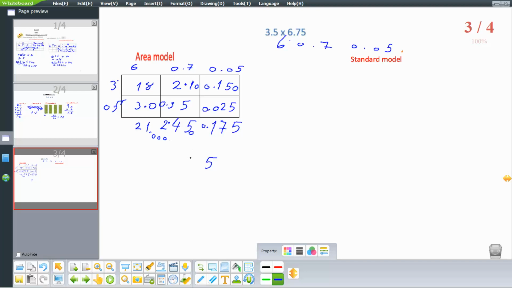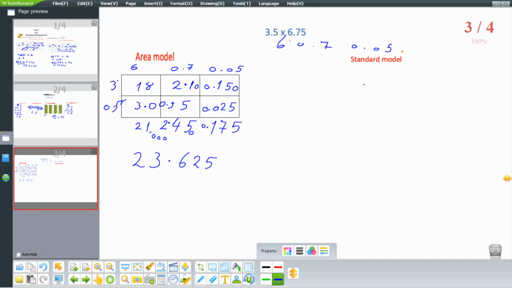Plus 0 equal 12. 2 and carry up 1. 1 plus 1, 2. 2 plus 4, 6. 6 plus 0 equals 6. The decimal point. Okay, 0 plus 2, 0 plus 1, 3. And so the answer will be 23.625.